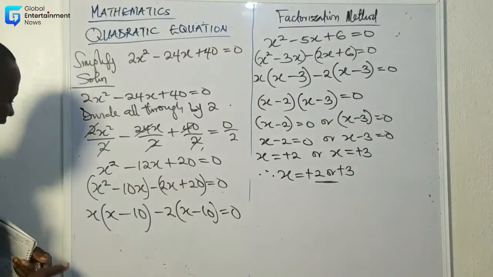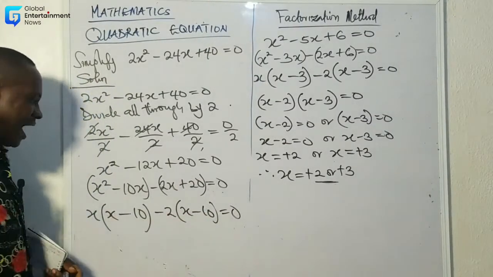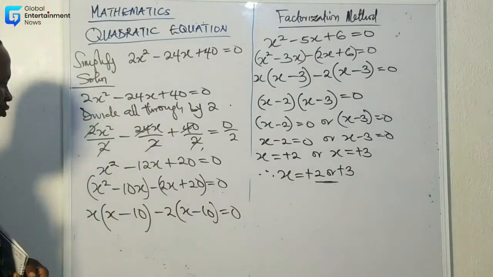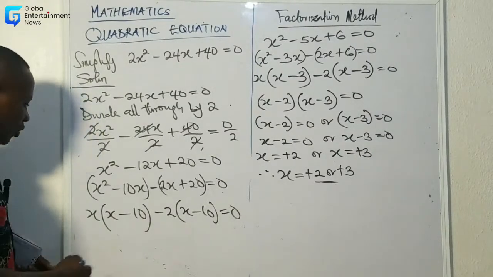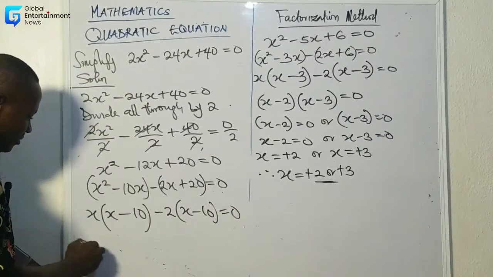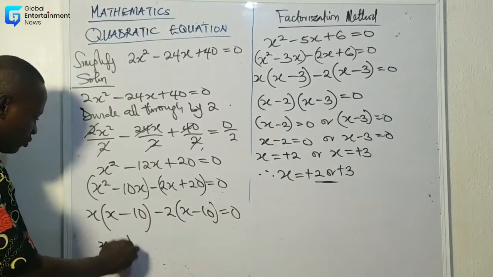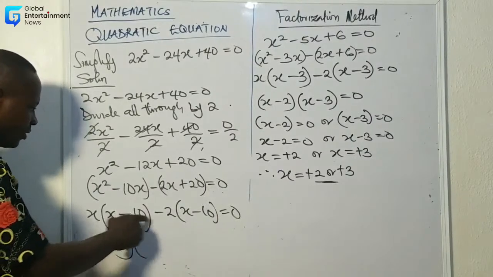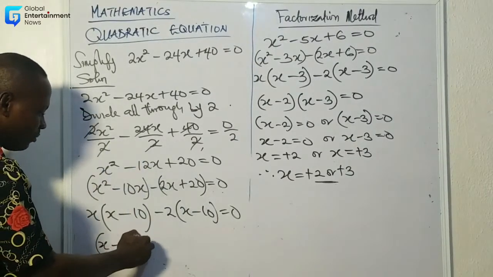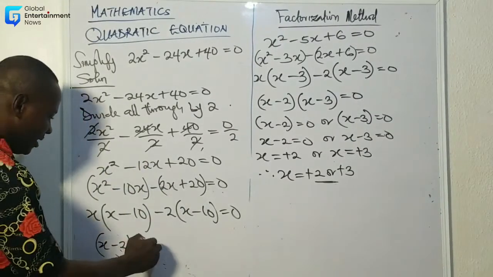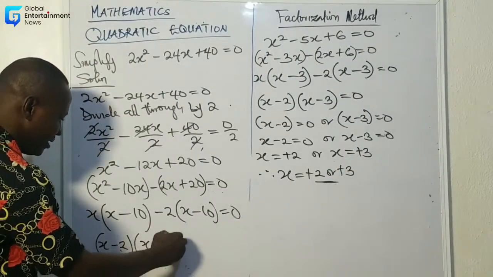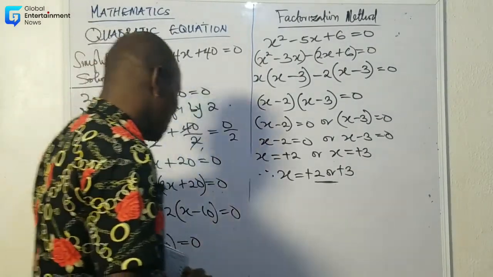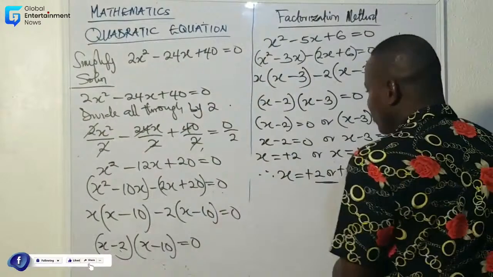Now, looking at this, you are going to see that the two brackets are the same. You must make sure that the two brackets are the same. So the external factor is x minus 2, in brackets, and for the second one you pick one out of the two because they are identical, x minus 10, is equal to 0. Now, what do we do?